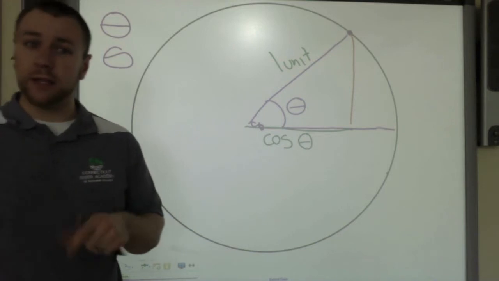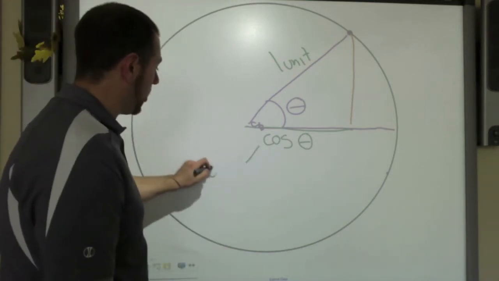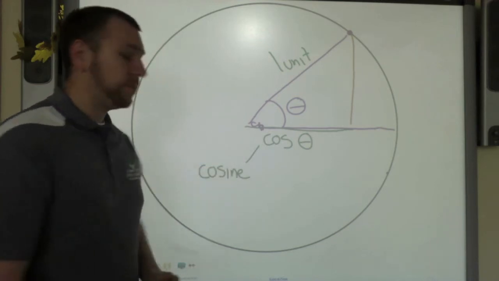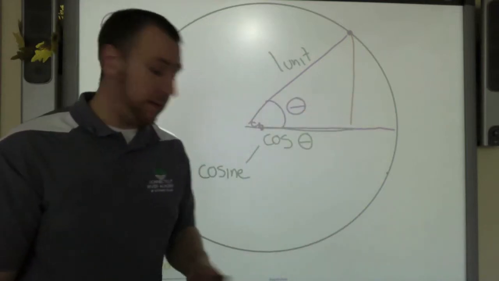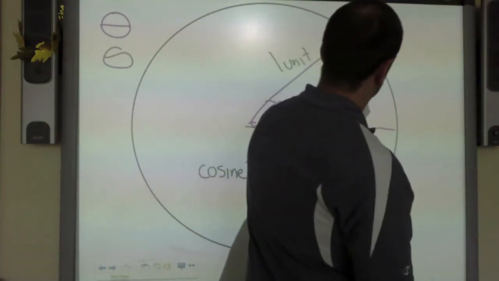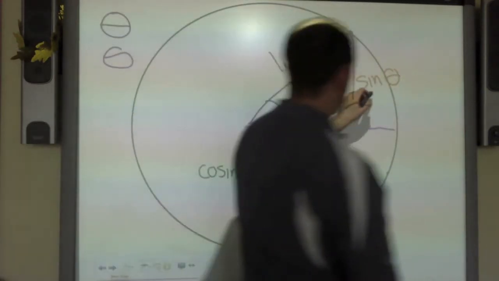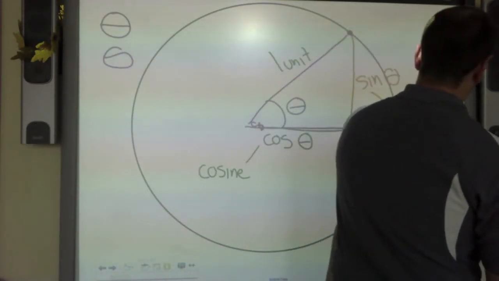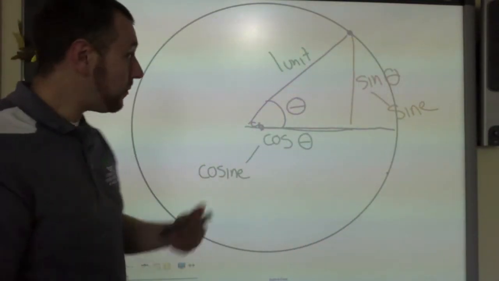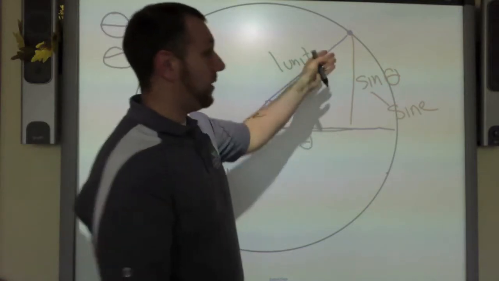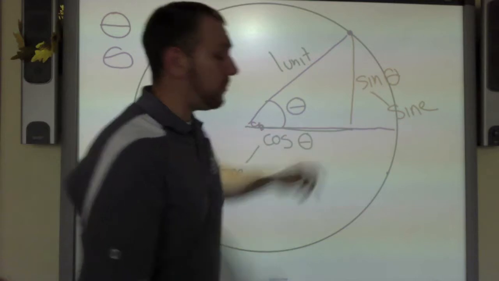You'll find that button on the calculator. It's pronounced the cosine. Okay, the vertical line or the height is what we call the sine of that angle. Okay, and that's S-I-N-E. Okay, that's the sine of the angle. So how far horizontally, how far vertically along the unit circle is what we call the trig functions.